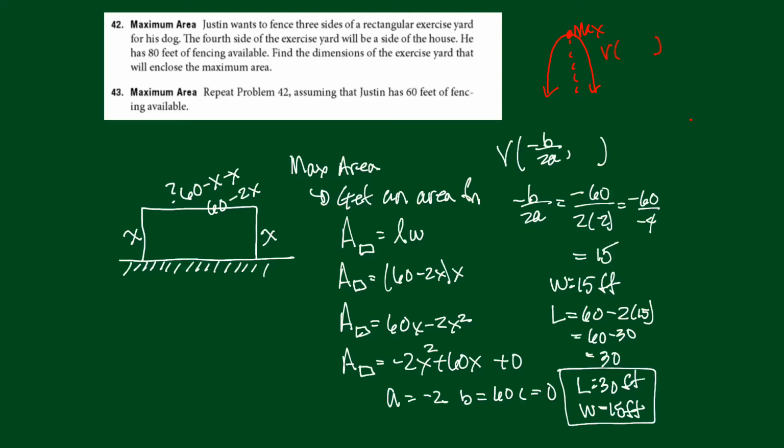We're going to get 60 times 15, minus 2 times 15 squared. My calculator says that the maximum area then is 450 square feet.